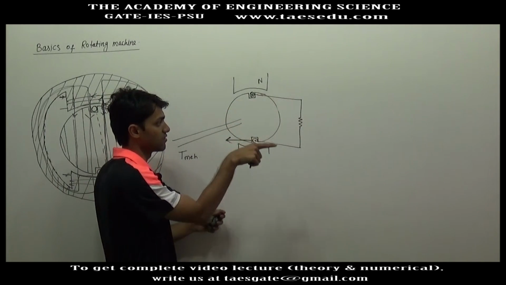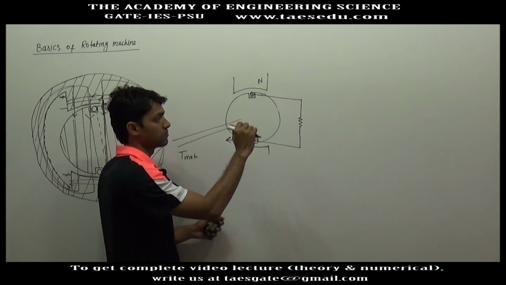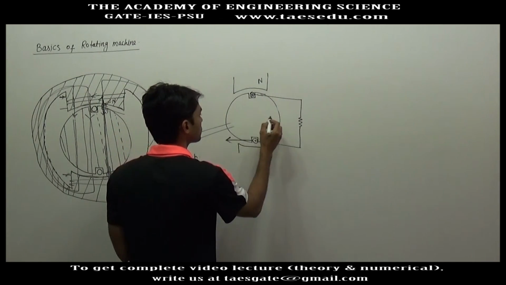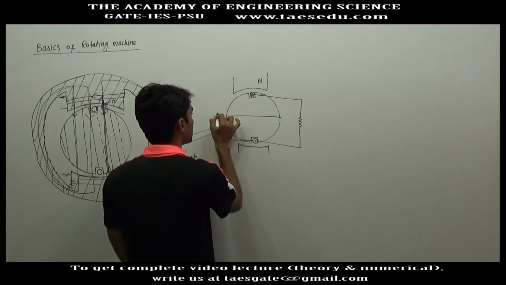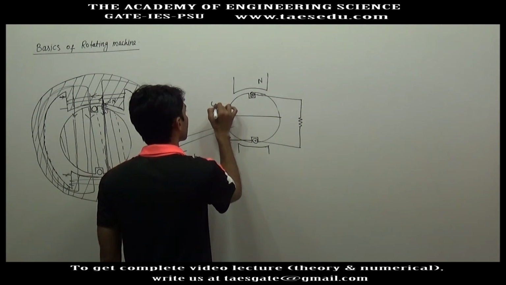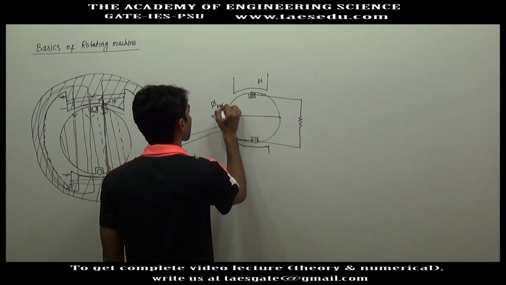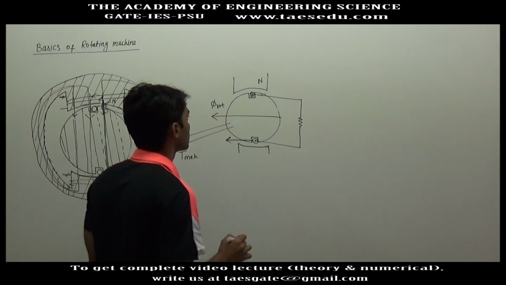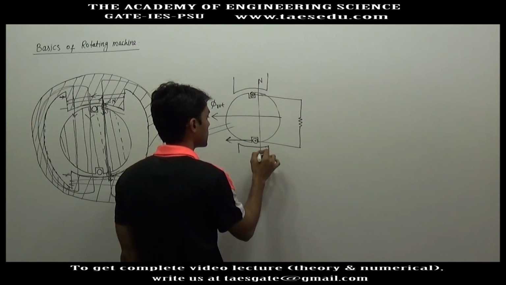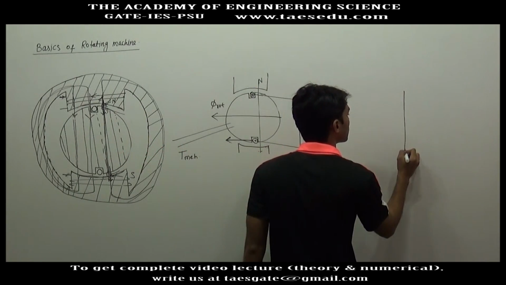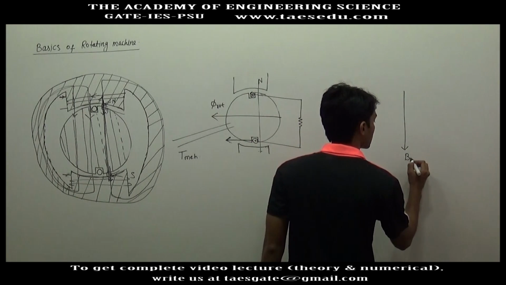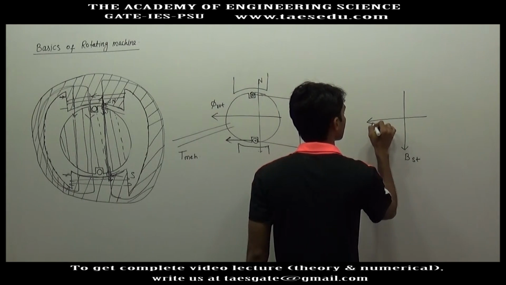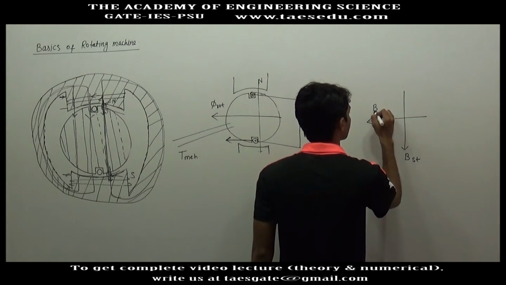Current is entering and leaving from here. So this will be the direction of rotor flux. And what is the direction of stator flux? The stator magnetic field is in this direction. This is the stator flux or stator magnetic field, and this is the rotor magnetic field.